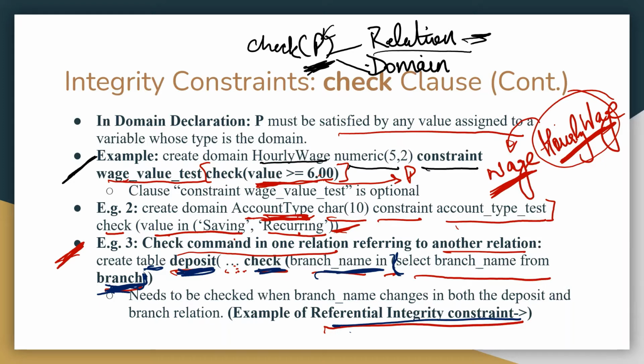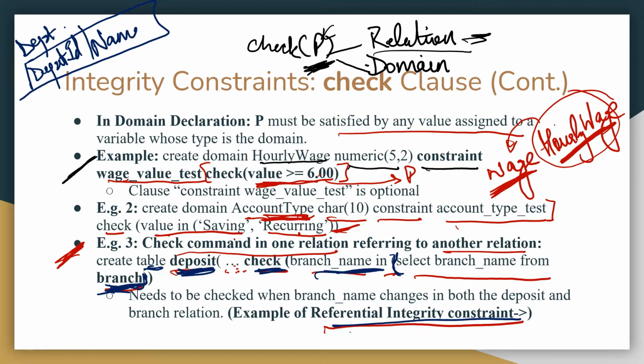So if we have, let's say, a table here, department, and we have department ID and we have department names, and then this is the primary key here, right?